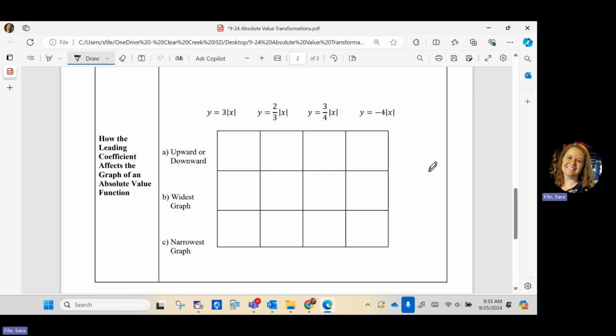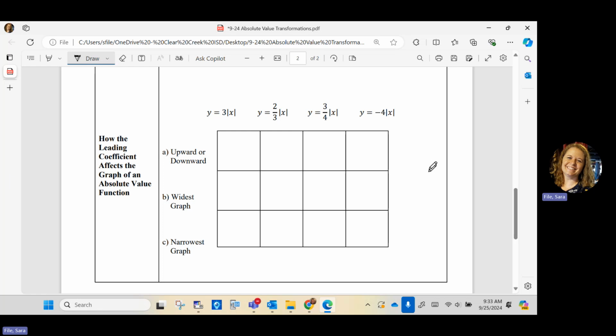So 2/3 is going to be the widest graph. So this is the widest, and this is the narrowest. However, if you have color, if you want to color code or mark it somehow, make sure you understand how we read that table.